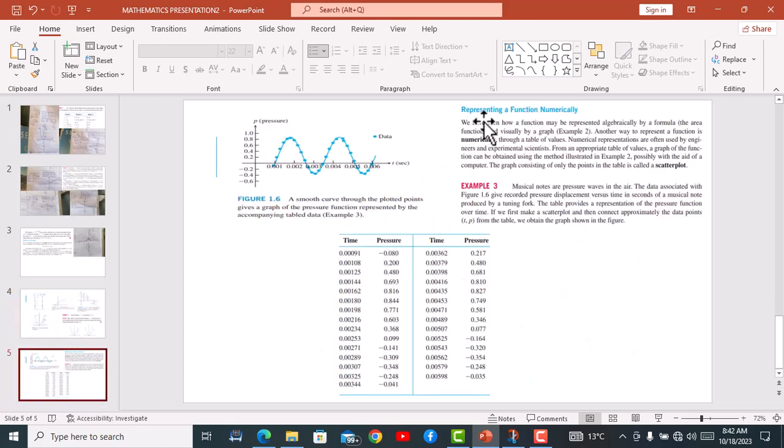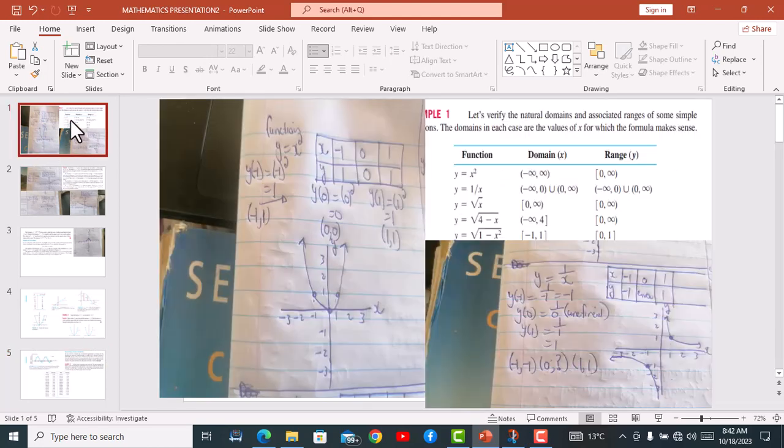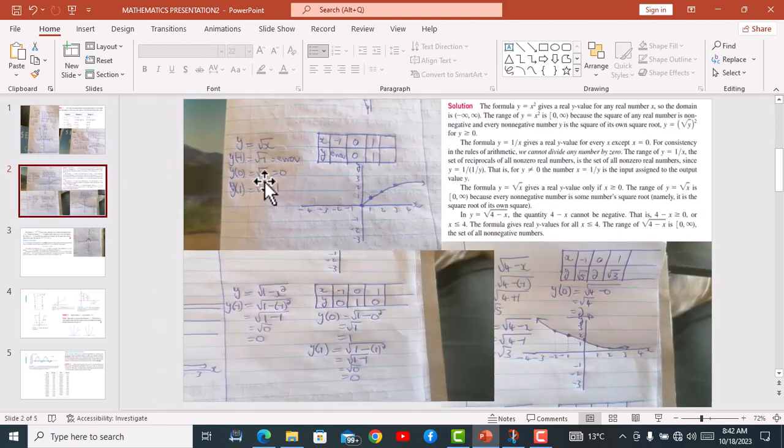Okay, that is fine. And then we can represent a function numerically. Remember, there are 4 ways to represent a function. We can represent a function as an equation. This represents a function as an equation. Very important that we understand that.